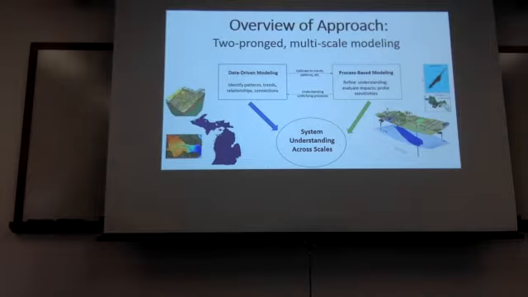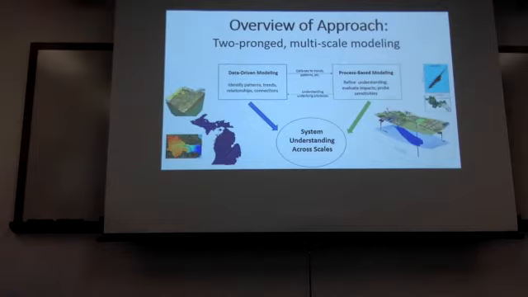So the way we approach this is we use a two-pronged multi-scale modeling approach, meaning we're trying to model at different scales, both in space and time, and we're trying to take advantage of two basic approaches. One is data-driven modeling, and that's where we simply are using statistics, spatial interpolations, empirical regressions, etc., on currently existing data to do analysis.